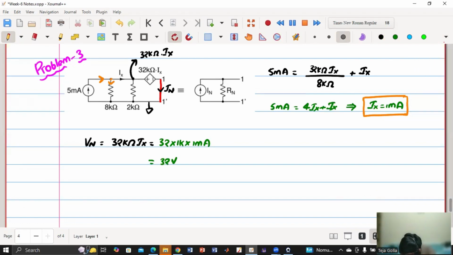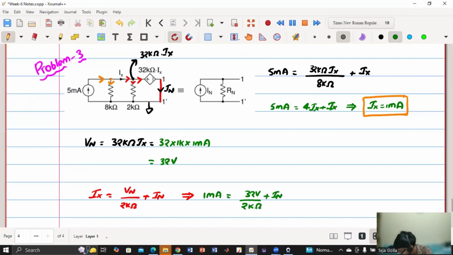Now I'll apply KCL here. Current entering equals current leaving. So current entering is Ix. Ix equals V node voltage by 2 kilo ohm plus I Norton. So now I'll be getting Ix, 1 milliampere, equals V node, 32 volt, by 2k, plus I Norton.